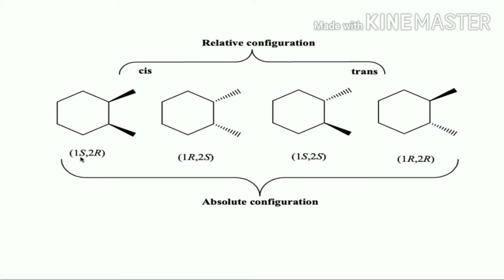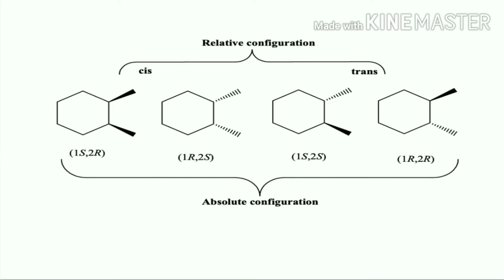Here I have already given the absolute configuration. At the first carbon it has S configuration, at the second carbon R configuration, whereas the cis isomer has R configuration at the first carbon atom and S at the second. How to assign this?